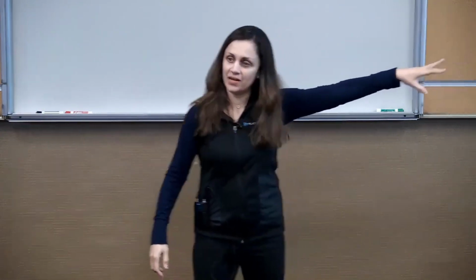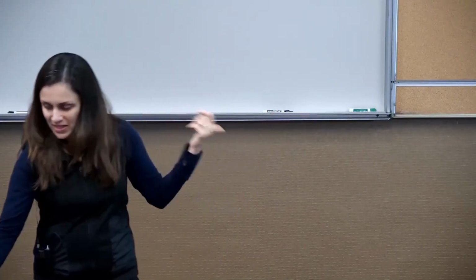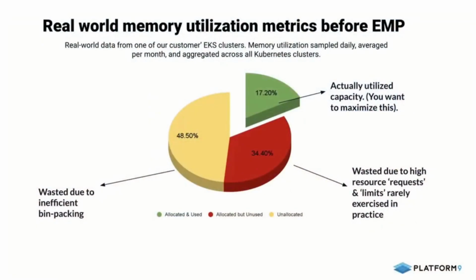What's surprising is that many enterprises measuring their utilization don't even account for this factor. In one design partner we're working with, about 48% of their capacity was wasted due to inefficient bin packing, and about 35% because apps were not using all the capacity given.